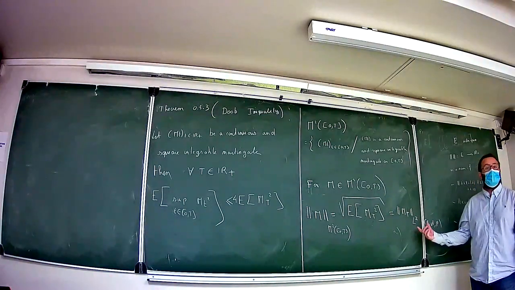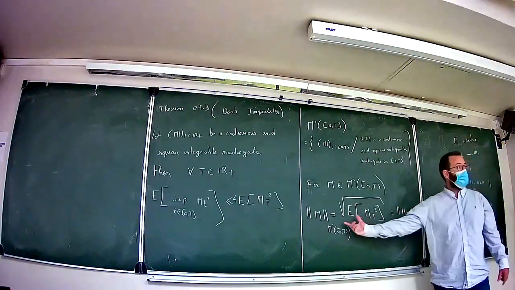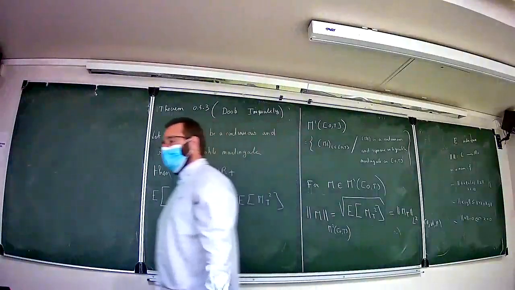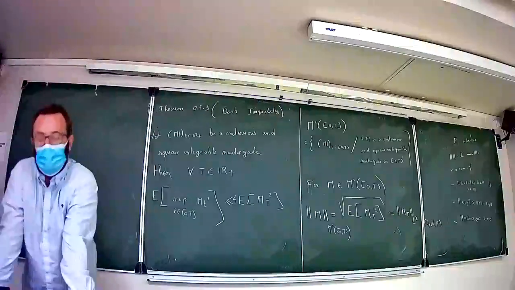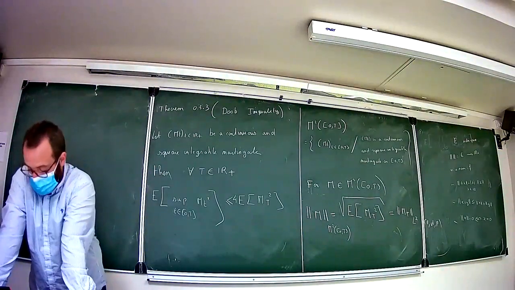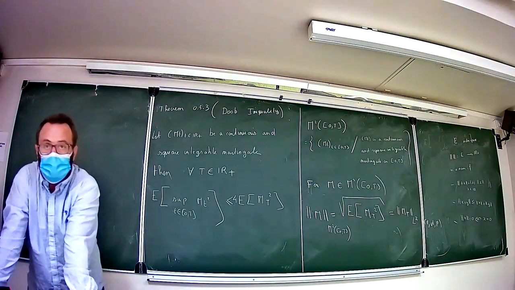So if you have the triangular inequality for the norm in L2 for M capital T, you will have it for what I have defined this way. So the triangular inequality is just a consequence of the Minkowski inequality in L2. Okay?